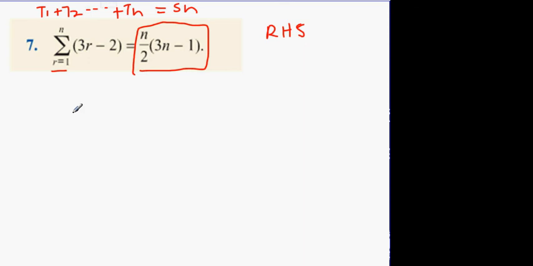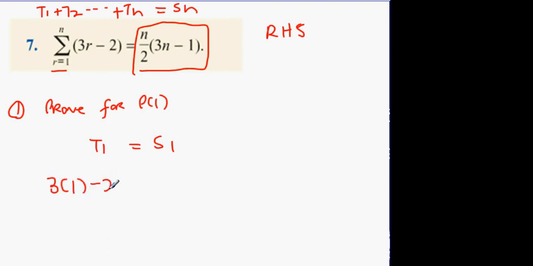So what we got to prove first, prove for P of 1. Now P of 1 is basically, I'm trying to prove that T1 equals S1 according to the formula. So T1 is therefore 3 times 1 minus 2, and basically proving that the left hand side equals the right hand side.